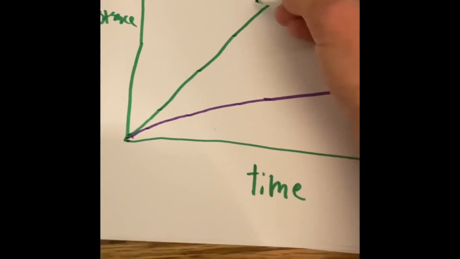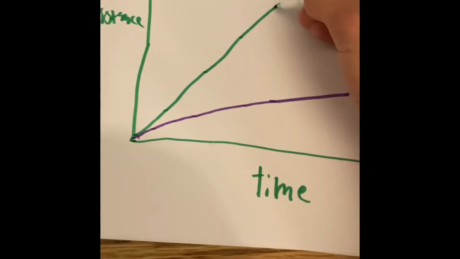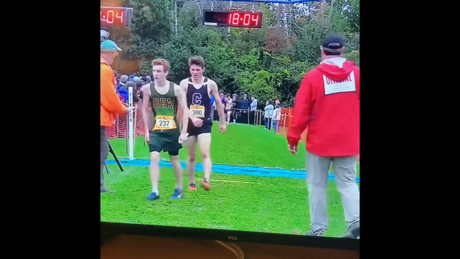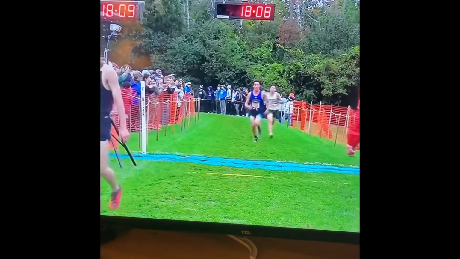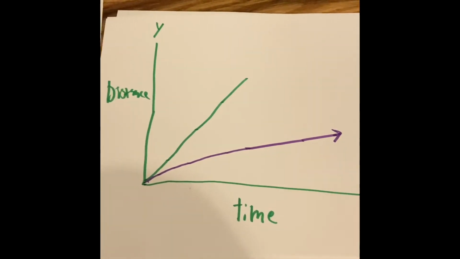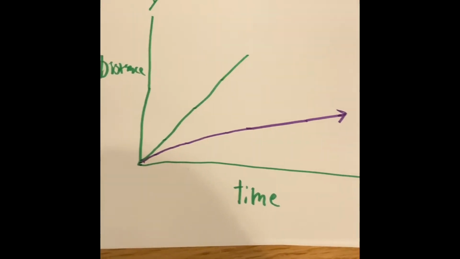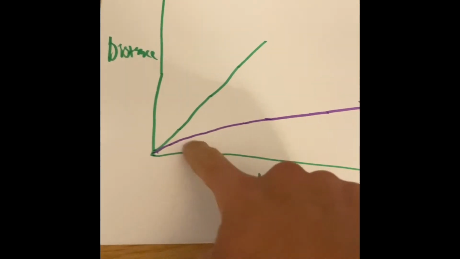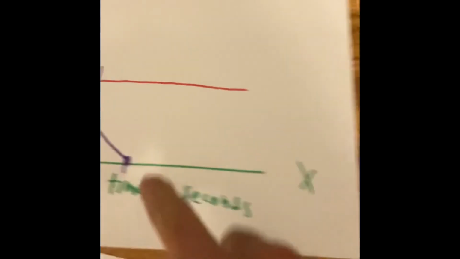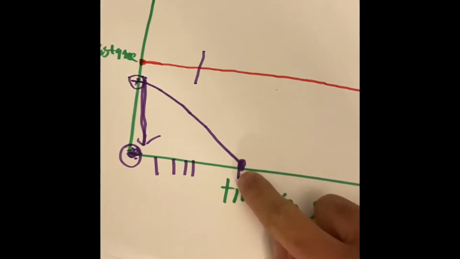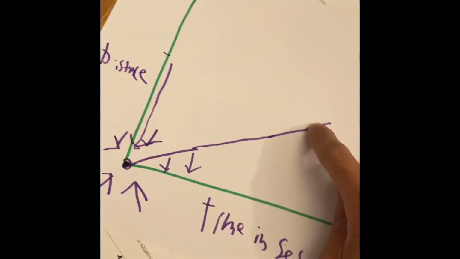This is when cross-country runners like to end up in the finish line. Now we know what to look out for when we see slopes that are steeper, slopes that are less steep, when a slope is not moving, when you're going towards the goal, or when you're going away from the goal.